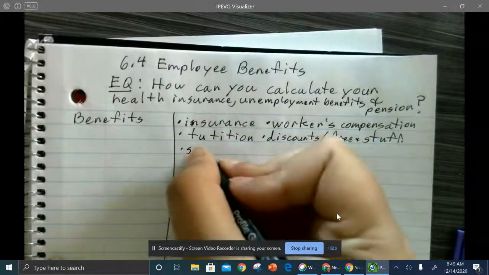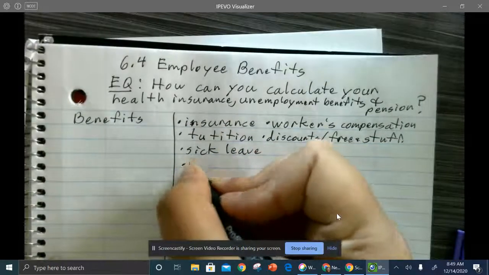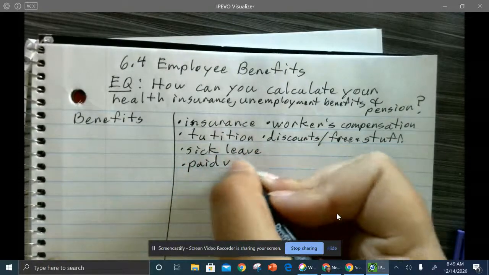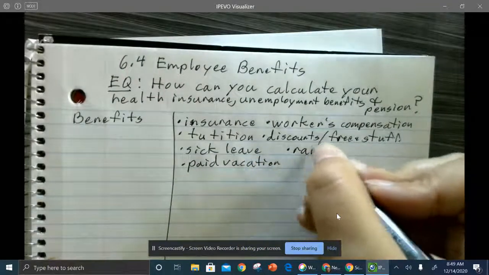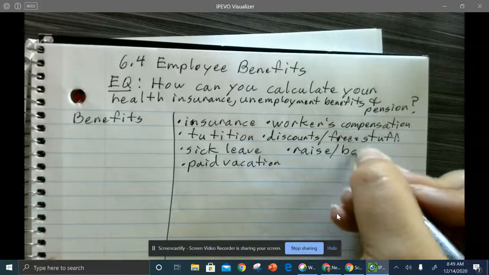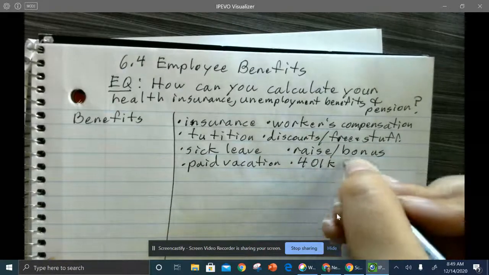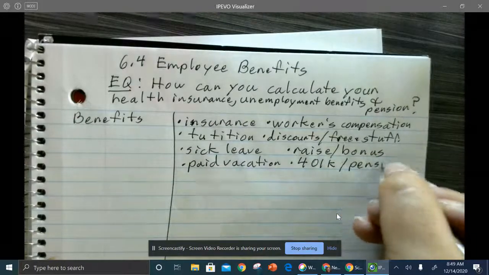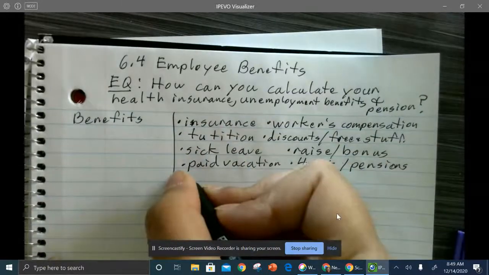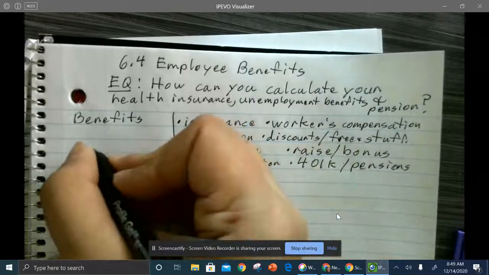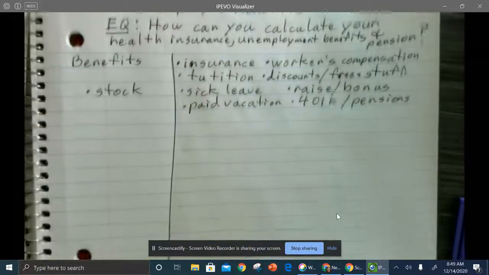Sick leave, so like paid sick leave, paid vacation. You'll get a raise or a bonus, and a 401k and pensions. Okay, they might also give you stock. Okay, so like stock in the company, so you can buy stock.